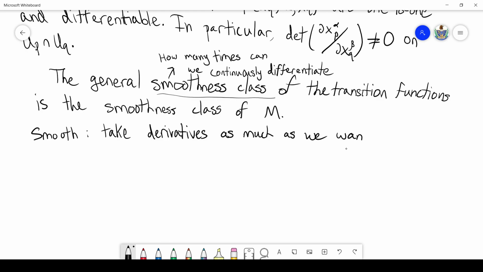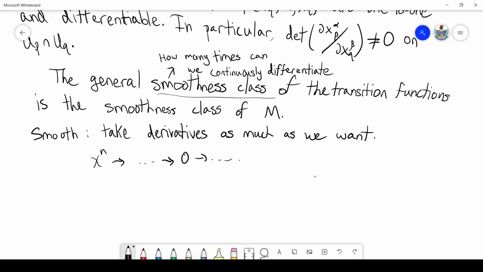For instance, polynomial functions like x to the n, if we differentiate this, we'll go down to 0, and after that, we'll just stay at 0, right? This is all smooth and differentiable.